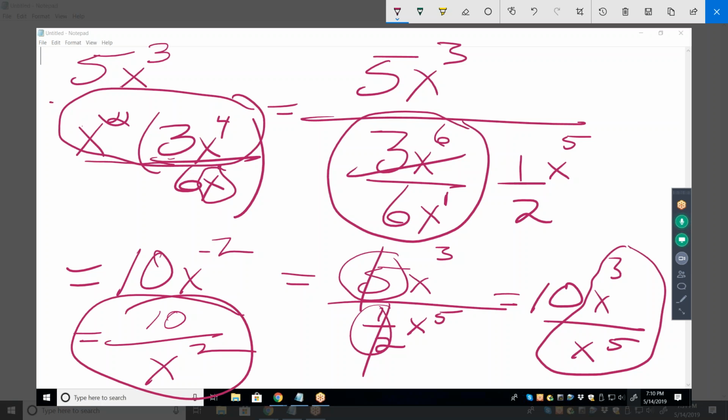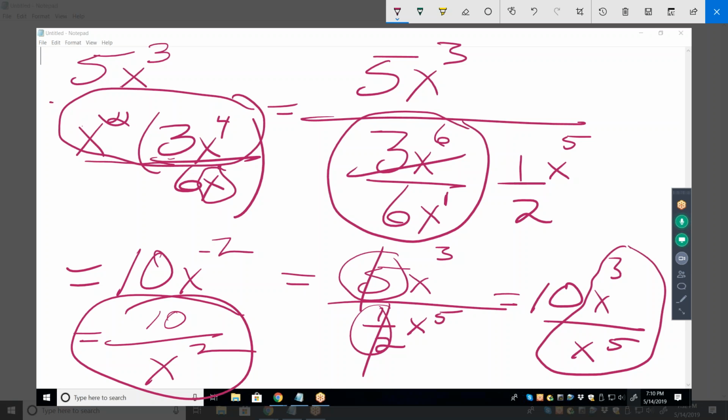You don't have to do it the way we did it. There's lots of different methods of finding that answer and lots of different ways to begin. You just have to begin somewhere and make sure you don't make a mistake to eventually get to 10 over x squared.